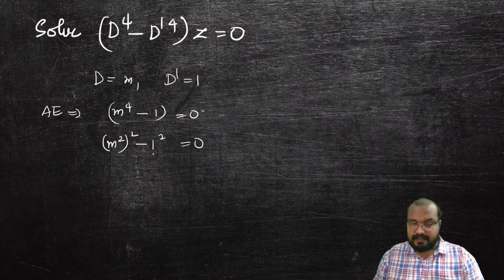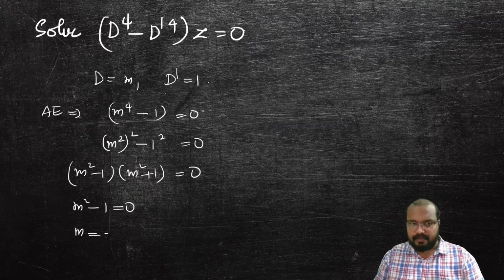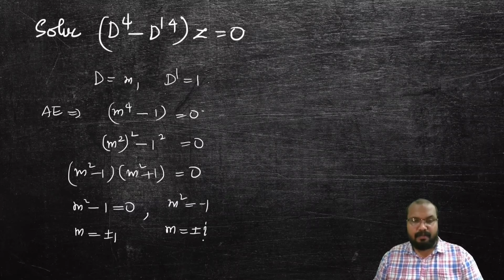Now we will use the a square minus b square identity. It is (m square minus 1) into (m square plus 1). If m square minus 1 is equal to 0, m is equal to plus or minus 1. And if m square is minus 1, m is equal to plus or minus i, complex roots.